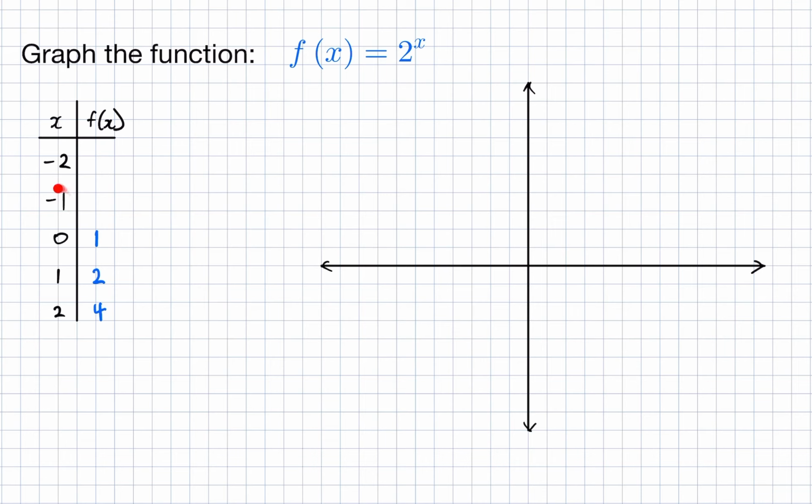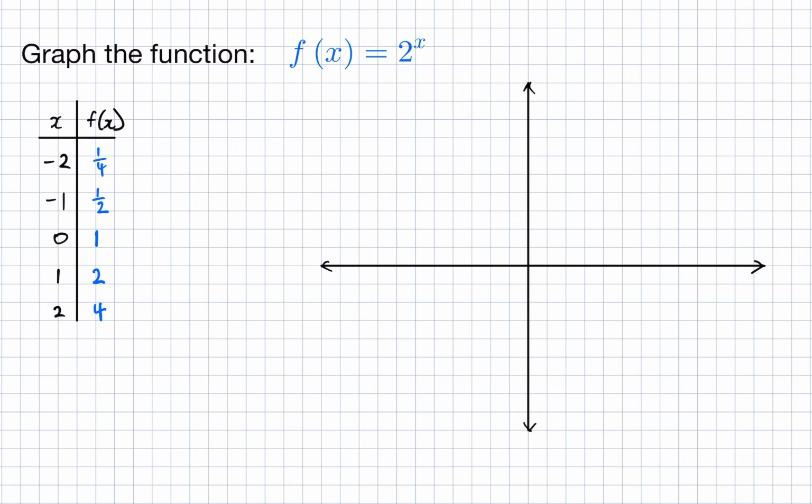We're going to substitute -1 for x. 2 to the -1 power is the same as 1 over 2 to the 1 power, which is just 1/2. And then lastly, -2, substitute for x, is 2 to the -2 power, which is the same thing as 1 over 2 to the second power, and that gives us 1/4.